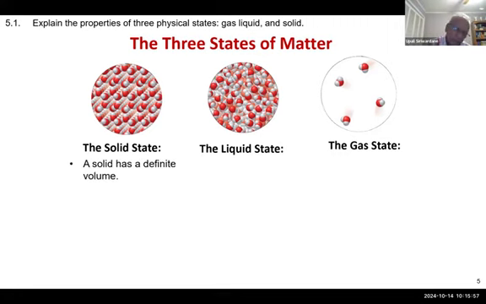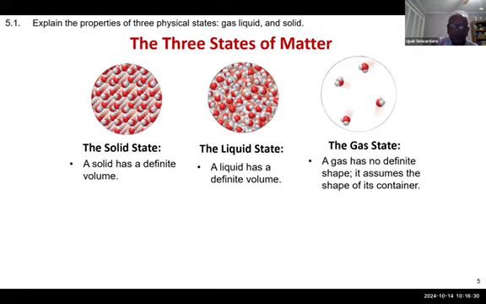A solid has a definite volume. So does liquid state. Liquid state takes up the volume of the shape of the container. Solid state has its own shape, like an ice cube; water in a glass takes up the shape of the glass. The gas has no definite shape.